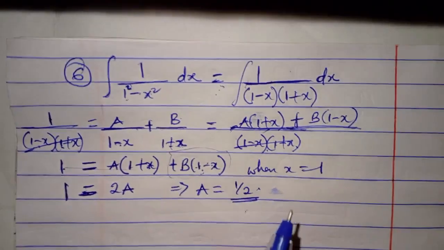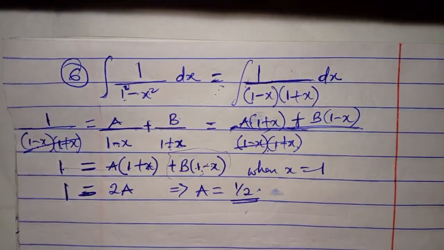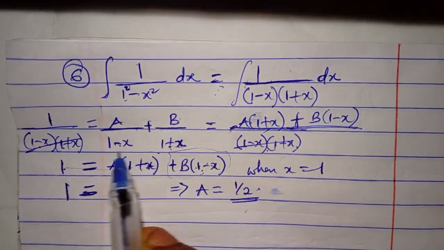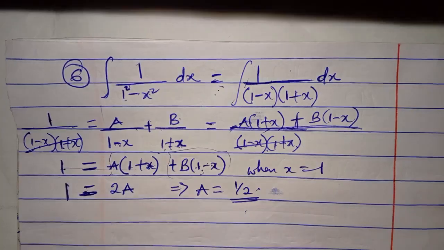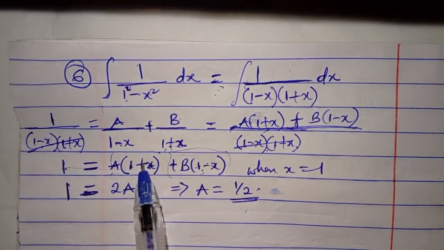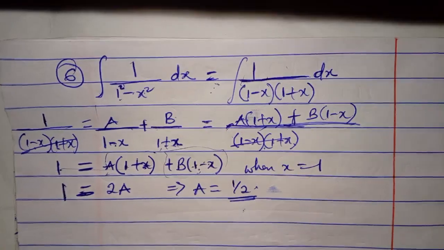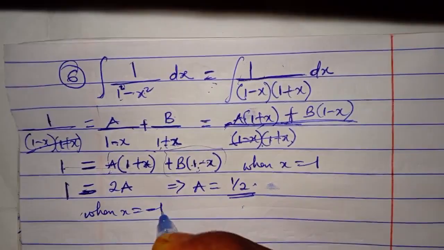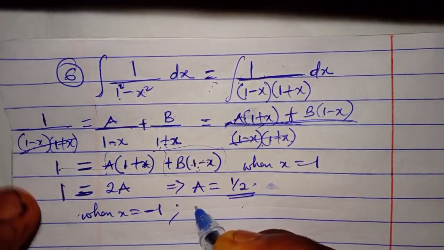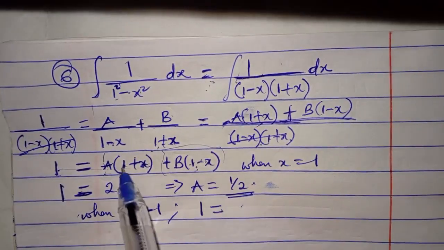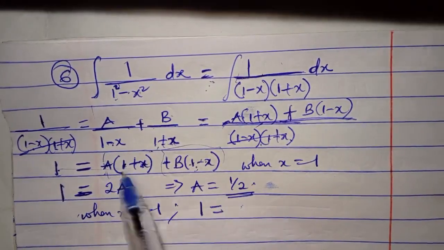The same way we got a, let's get b. What do we plug in for x that will make everything here equal to 0? It's going to be minus 1, because 1 minus 1 is 0. So when x is equal to minus 1, we are going to obtain 1 equal to 1 minus 1 is 0, so everything is 0.